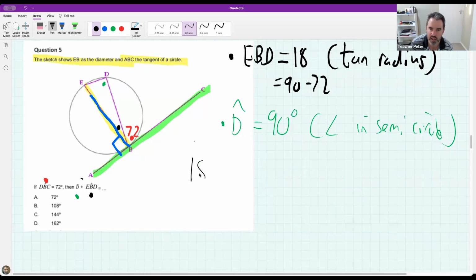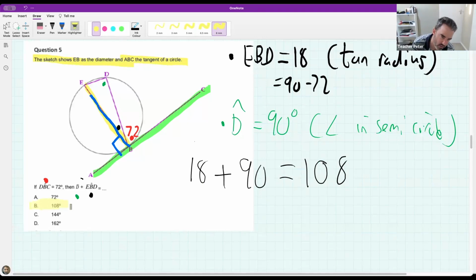Well, I think it's going to be 18 plus 90, which is 108, which is this one over here. Because remember, the question is asking us what is D plus EBD. So what is green plus black? Green was 90 up here, and black was 18.